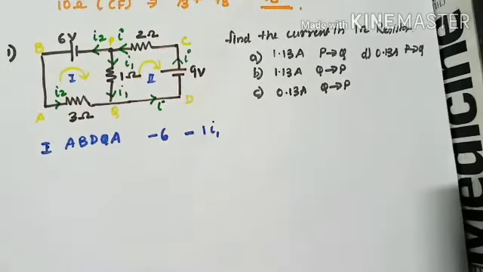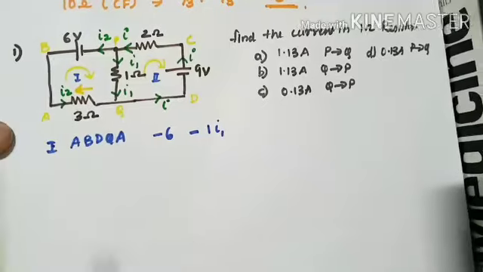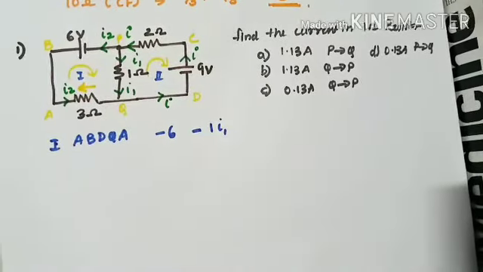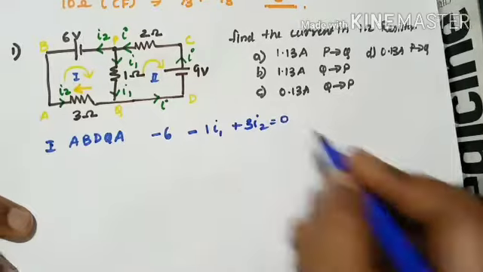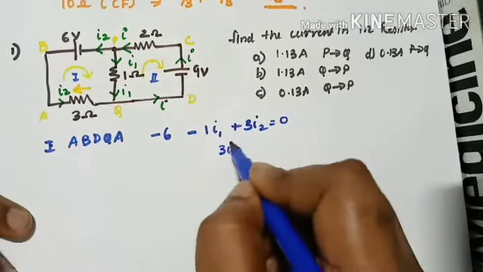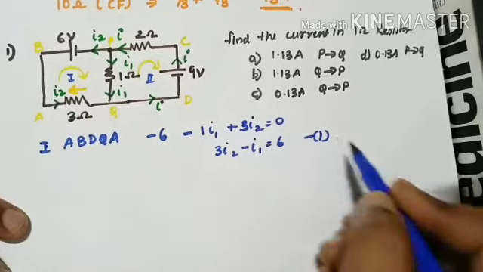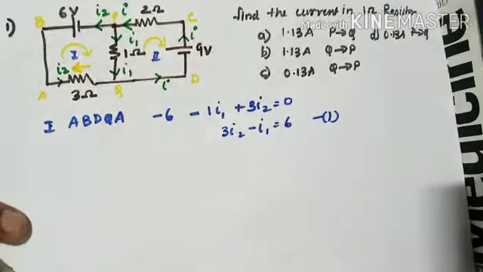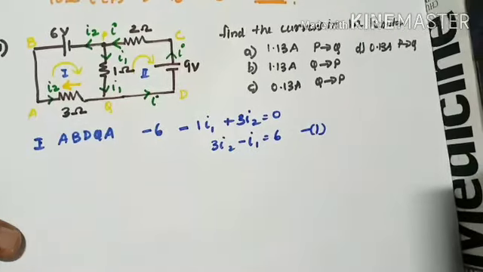See, I will draw it with yellow itself. I am moving in this direction, but the current is in this direction. So opposite direction means it will be plus 3I2 is equal to 0. Now I'm just going to rearrange it so that it becomes 3I2 minus I1 is equal to 6. Make it equation 1. Right? Right. Now let us take the second loop.